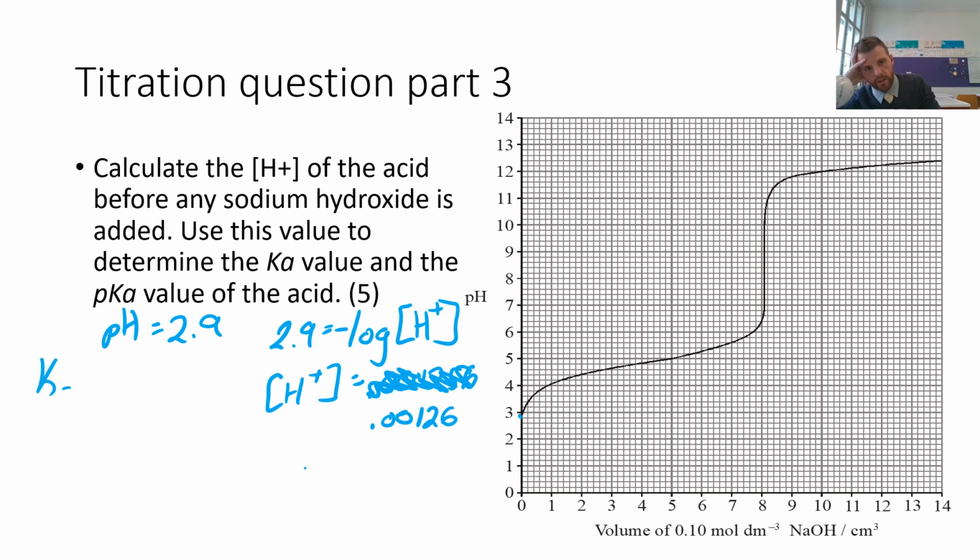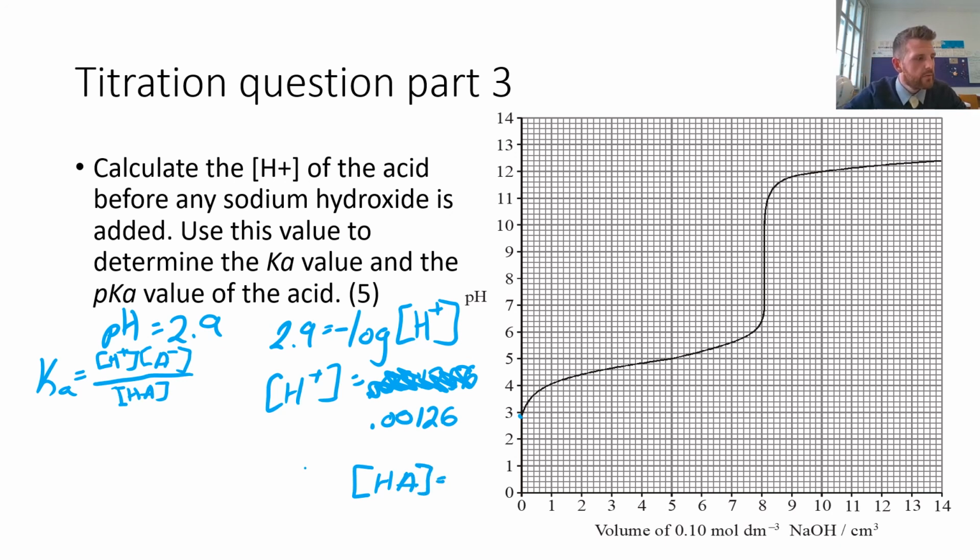We know Ka is equal to the concentration of H plus times the concentration of A minus over the concentration of HA. And we found out from the previous question that the concentration of HA was 0.082.